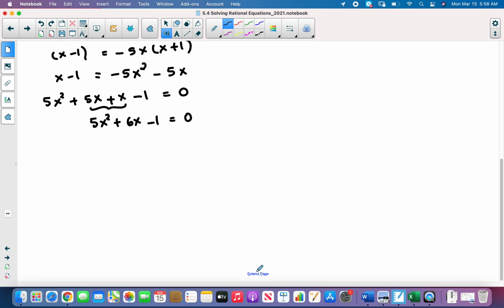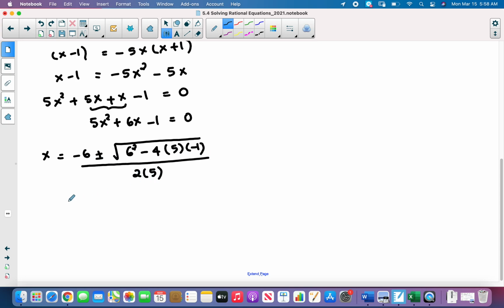Let's continue down here. x equals minus b plus or minus the square root of b squared minus 4ac, divided by 2a. So x equals -6 plus or minus the square root of, well, what do we get in brackets there? We get 36 plus 20, which is 56.